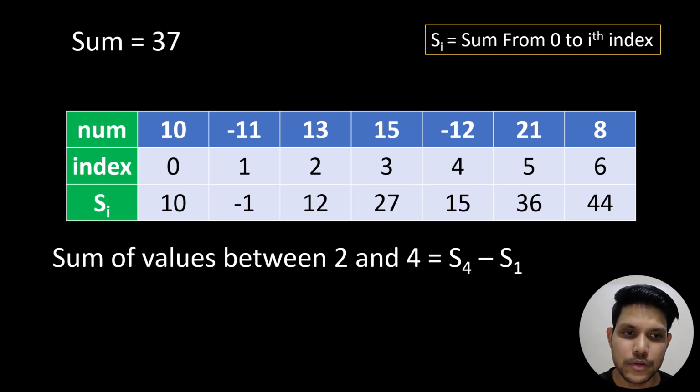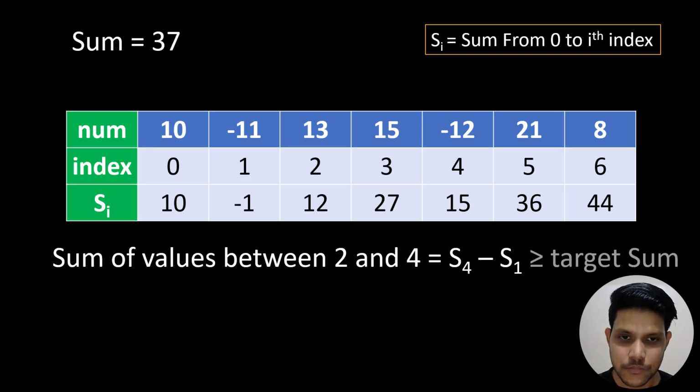Because we need to remove all the sum before index 2, and that is represented by the value s of 1. So effectively what we are trying to find is whether a window starting from 2 and ending at 4 is greater than or equal to the target sum or not.